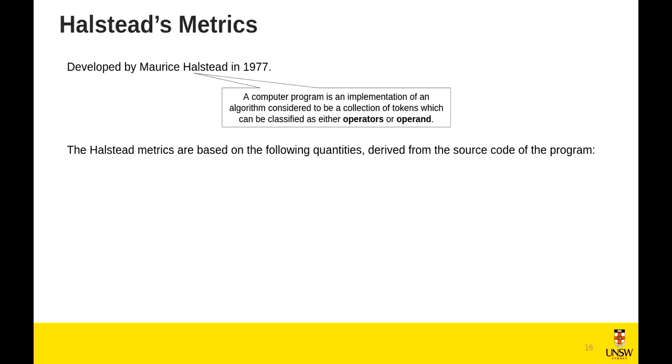So the Halstead metrics, which are a set of metrics, are based on the following quantities, derived from the source code of the program. The first is lowercase n1, the number of distinct operators. The second is lowercase n2, the number of distinct operands.